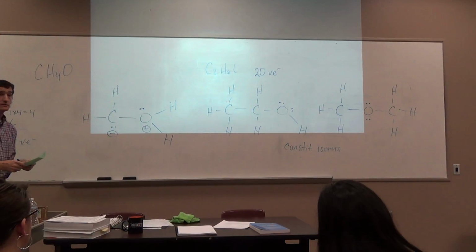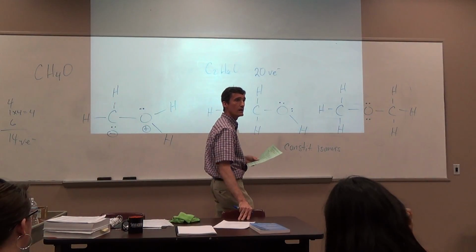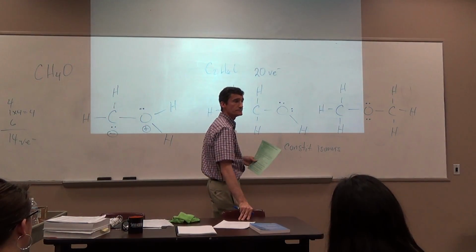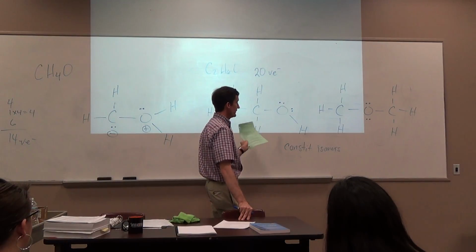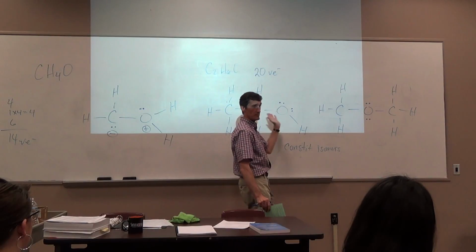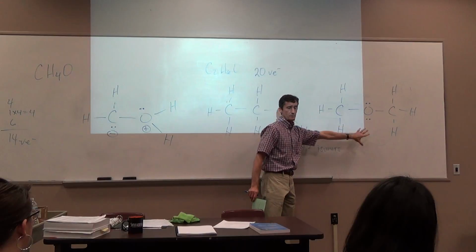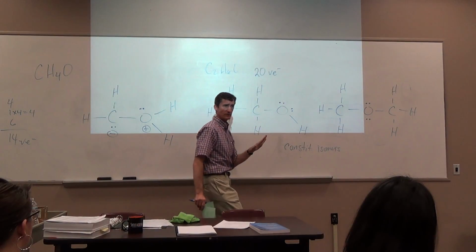Name them. Question? How would you know the difference between them besides actually having the thing physically in front of you? If I had 2 containers of these, they'd probably both be colorless liquids. This may be a gas at room temperature, but if it was cold, they'd both be colorless liquids.